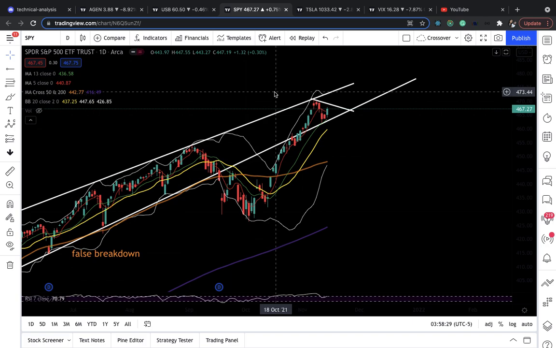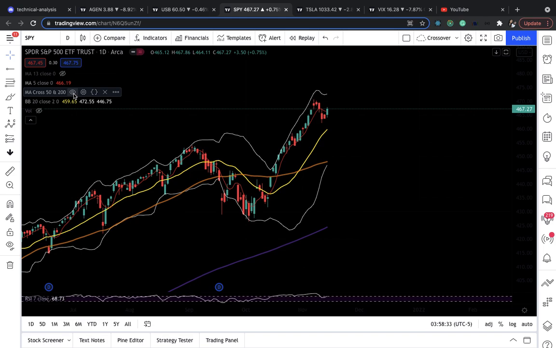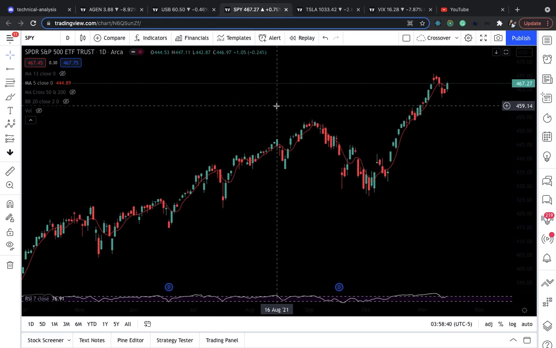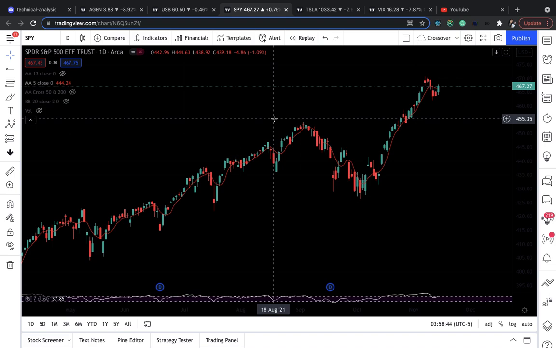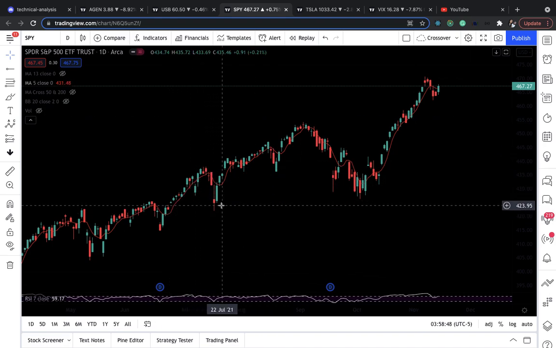Okay, let me clear these lines. All right, I'm just going to take out the 13 and the 20 and the 50 and leave the 5. Okay, the 5-day moving average, one of my favorites. In a strong bull trend, you will get lots of bounces off the 5-day moving average.